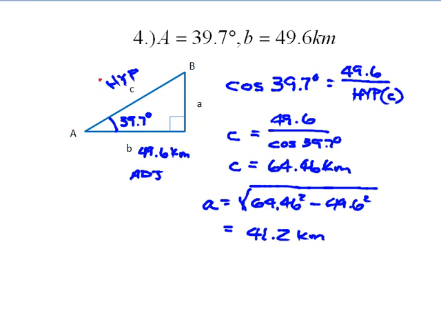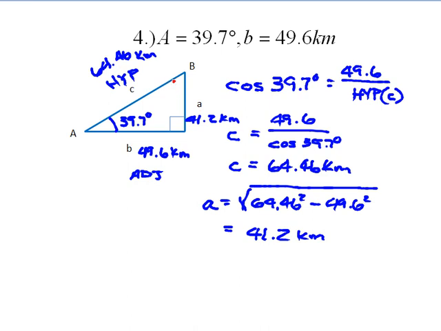So we have C as 64.46 kilometers, and we have A as 41.2 kilometers. Okay, so we've got all three sides.